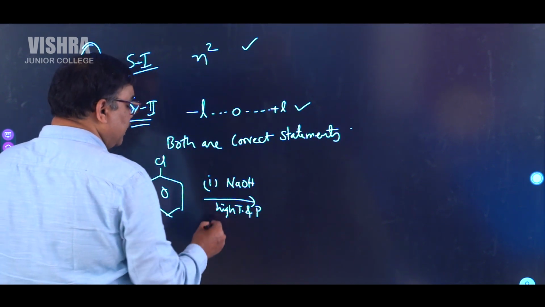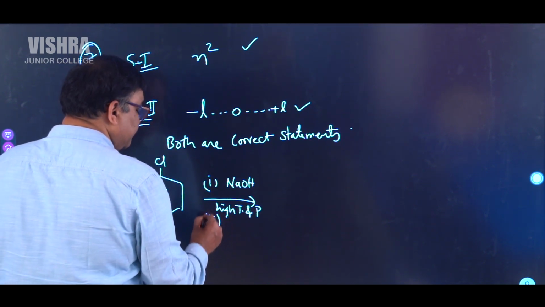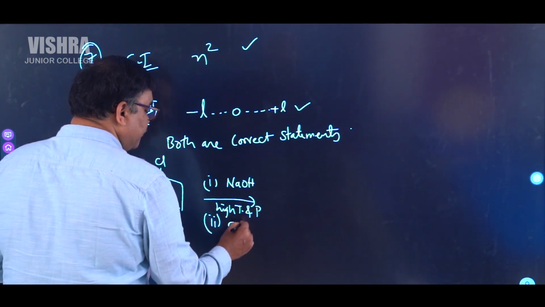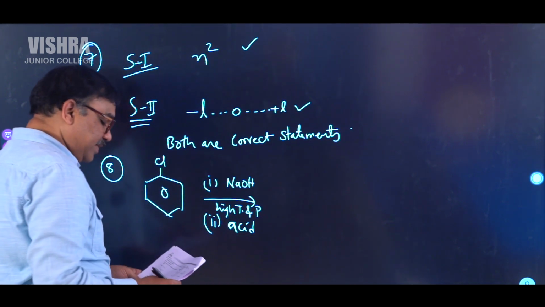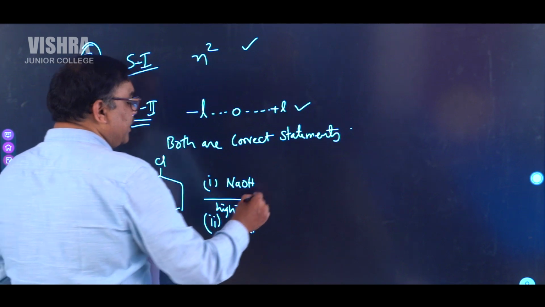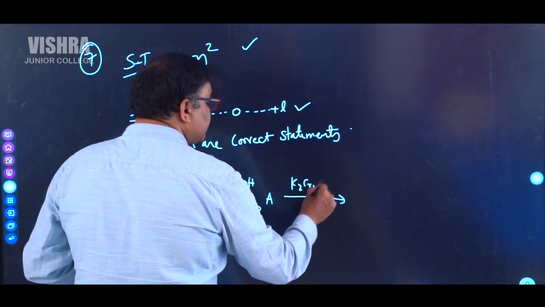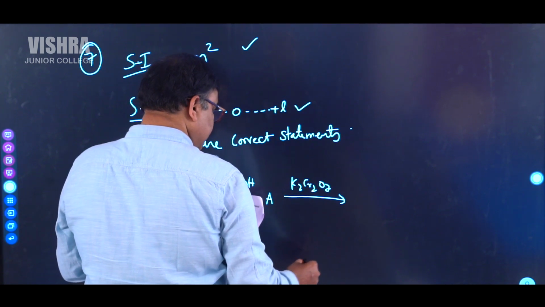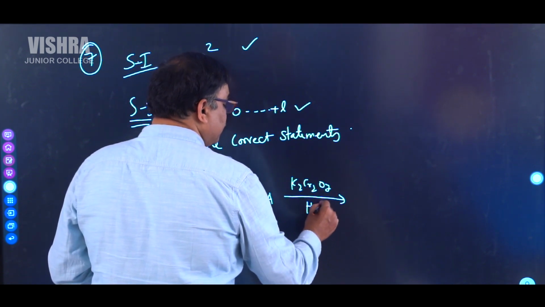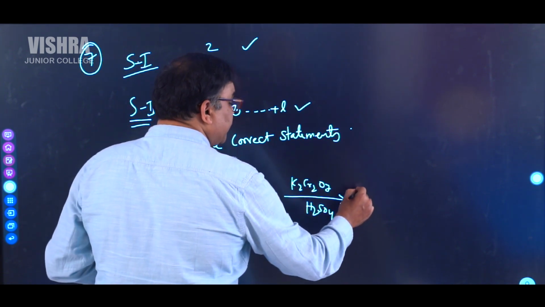And the second one is in the presence of an acid. Then A will come, and from that A, K2Cr2O7, a strong oxidizing agent, with H2SO4, will make it B.